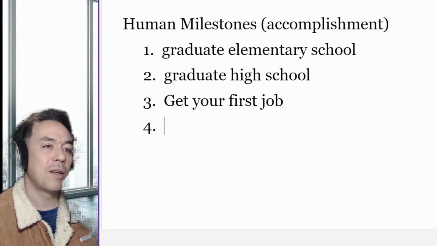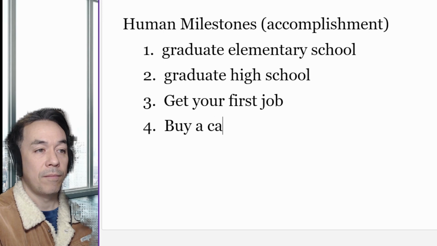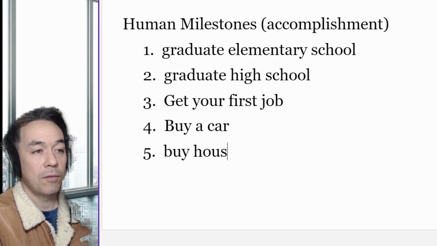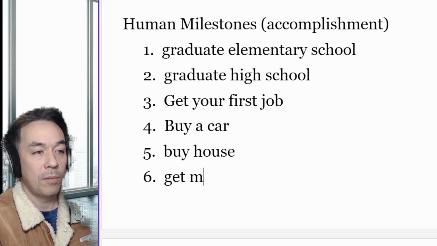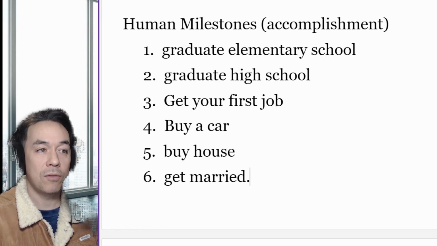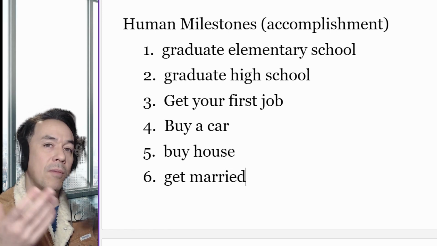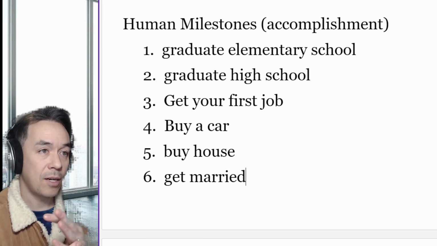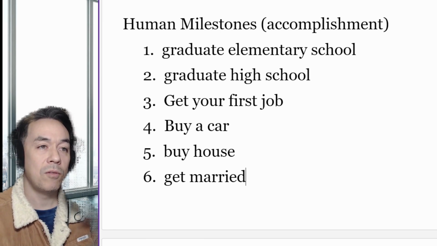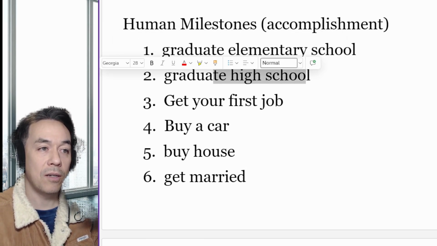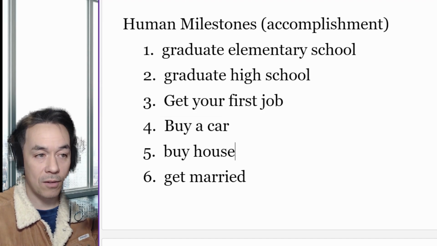And then who knows? I don't know, buy a car, buy a house, get married, whatever. So those are human milestones, things that don't just happen by chance or naturally. You have to do them. You have to graduate. You have to study. You have to get the job. You have to buy the car and everything.